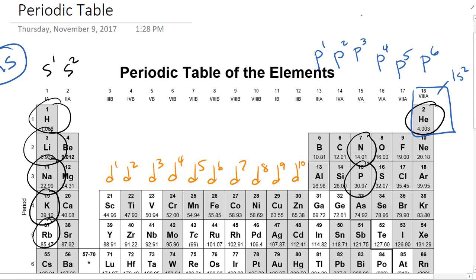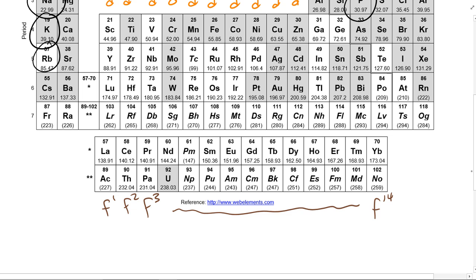When we are in the P block, we say that they have an NP configuration. When we are in the D block, we say that they have an N-1 D configuration. And when we're in the F block, we have an N-2 F configuration.